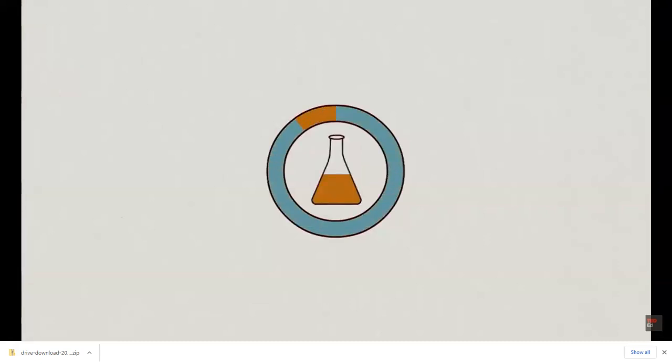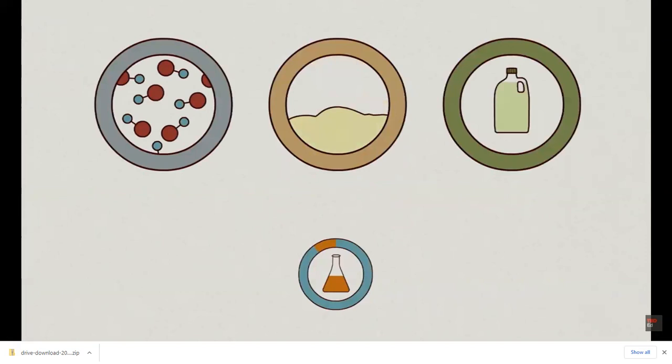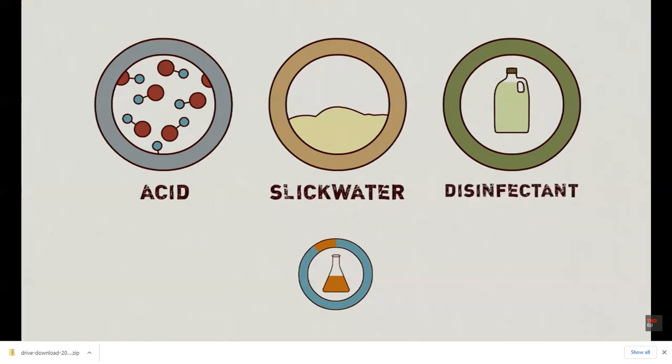The rest is made up of concentrated chemical additives. These vary depending on the specific characteristics of the fracking site, but usually fall into 3 categories. Acids for clearing debris and dissolving minerals, friction-reducing compounds to create a slippery form of water known as slick water, and disinfectant to prevent bacteria growth.